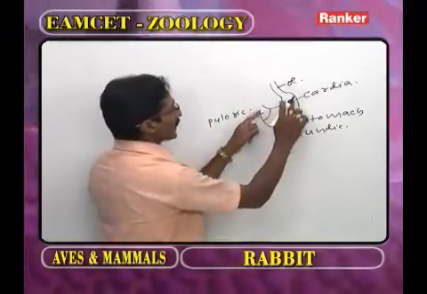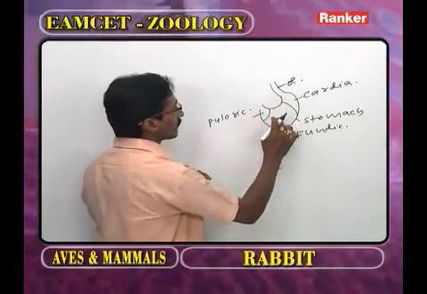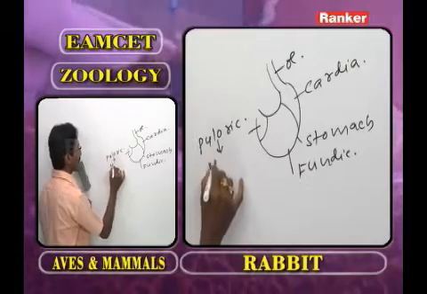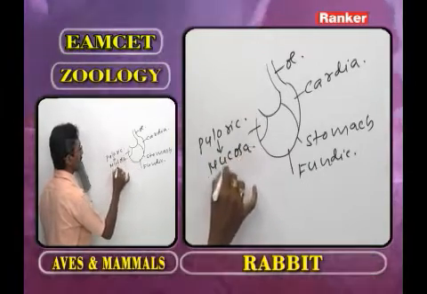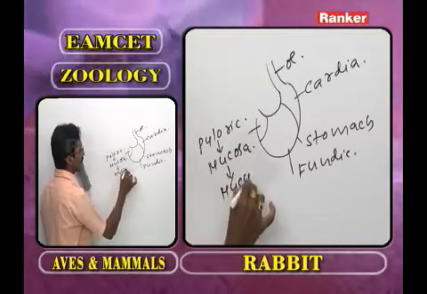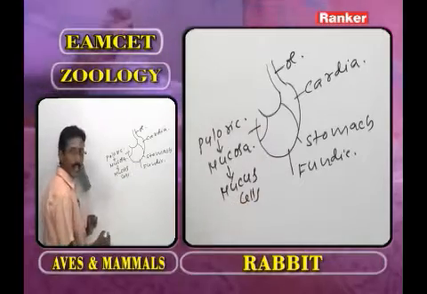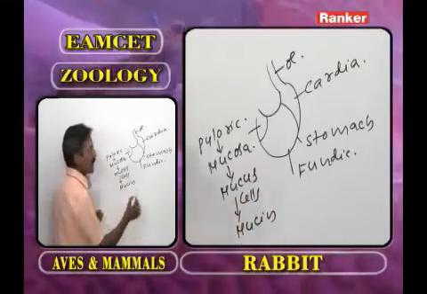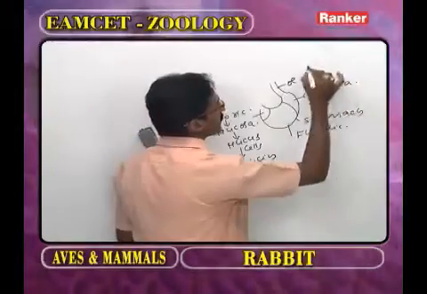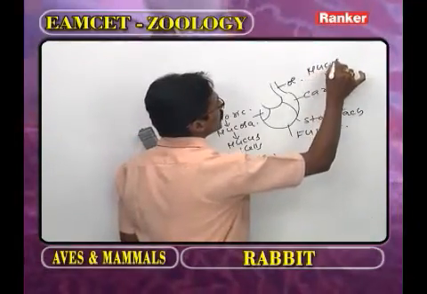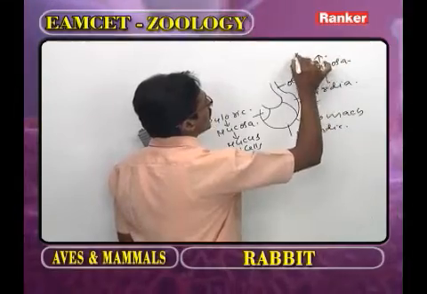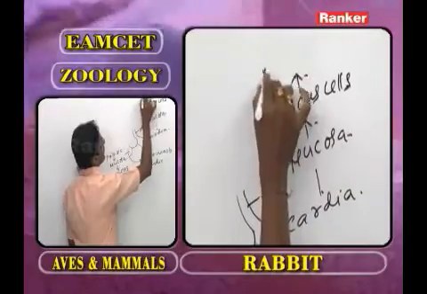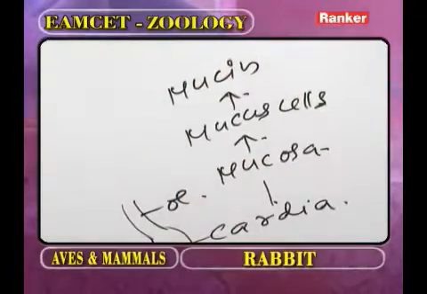As we observe the cardiac, fundic and pyloric stomach, in the pyloric stomach the mucosa has only the mucus cells. Here the mucus cells secrete the mucin. What about the cardiac stomach? Here also the mucosa has the mucus cells, which secrete only mucin.